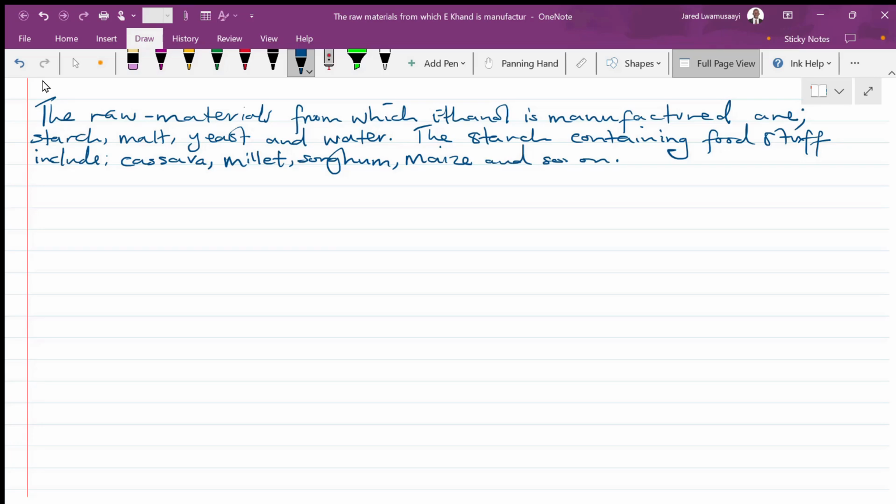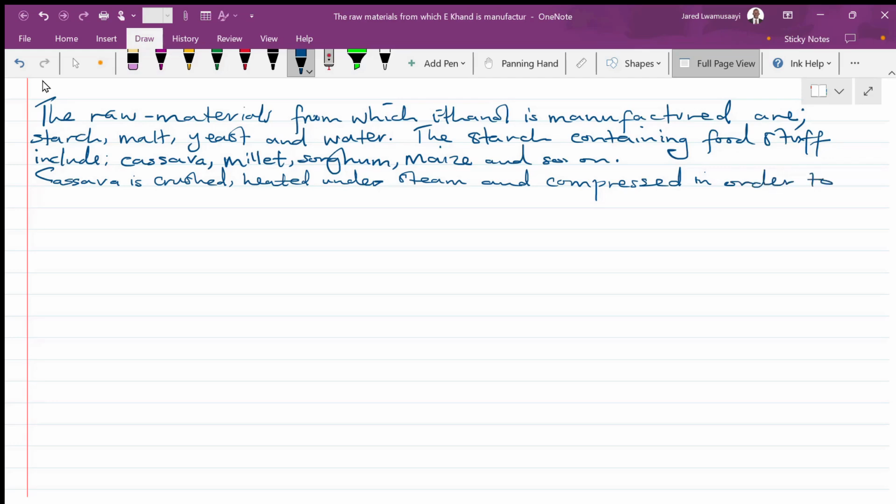So from here, if I'm to use cassava, it means that cassava is crushed, heated under steam and compressed in order to extract starch.